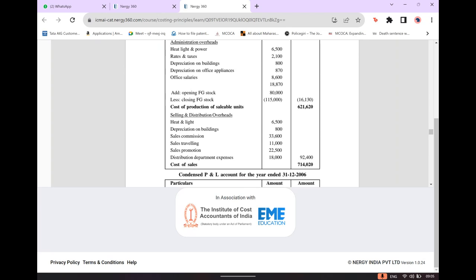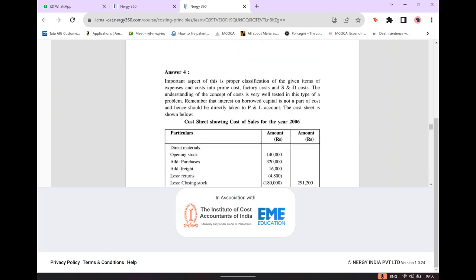Sales traveling expenses also are direct expenses attributable to selling and distribution. Sales promotion is also a selling and distribution expense. Distribution department expenses are also selling and distribution. So to the cost of production, when you add the selling and distribution expenses, you get the cost of sales.